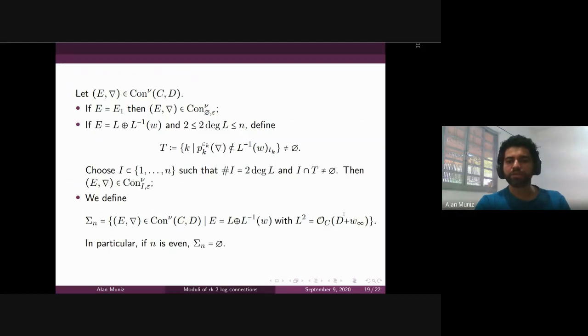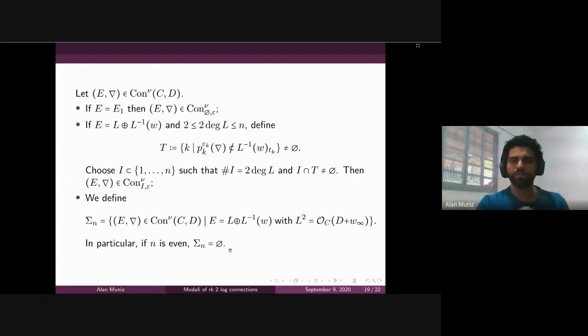Since n is odd, this number is even. We take a square root of this line bundle, and we have all the connections here for this line bundle. In particular, we see clearly that if n is even, this cannot happen, and the sigma n is empty.